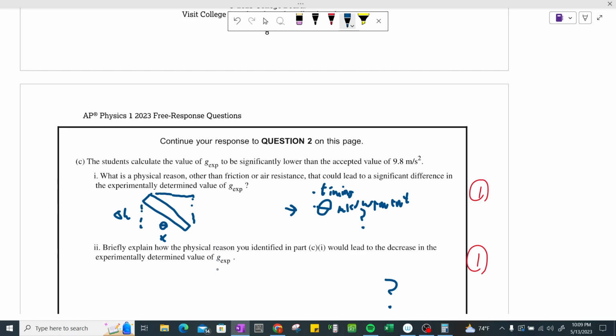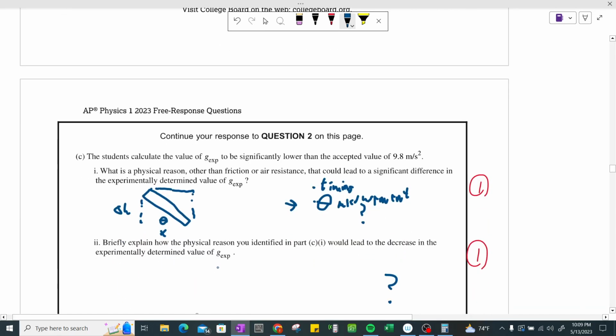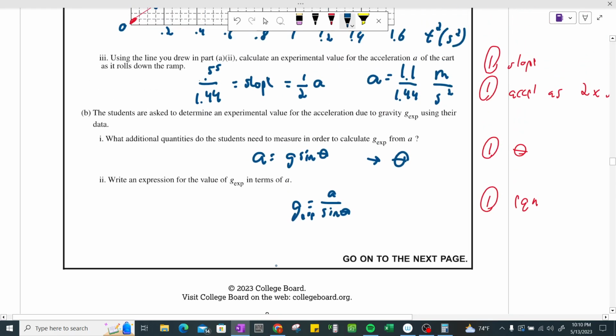If our G experimental was smaller, let's see. That would need to be that sine theta. So as the bottom gets larger, actually, let's see. If the bottom gets larger, the whole fraction gets smaller.